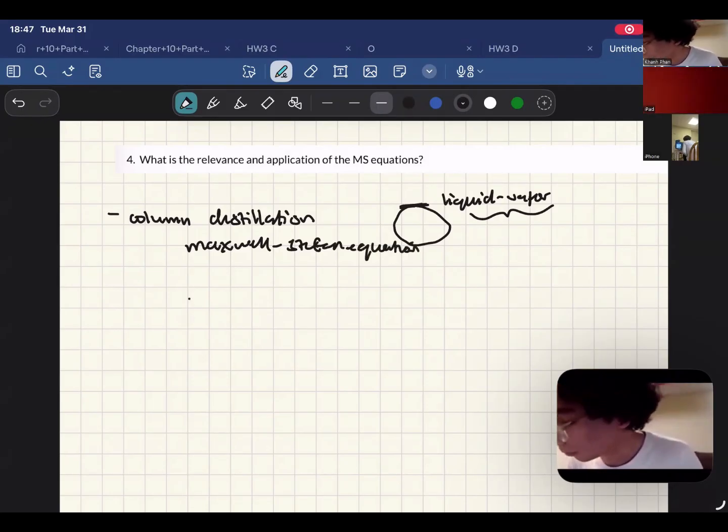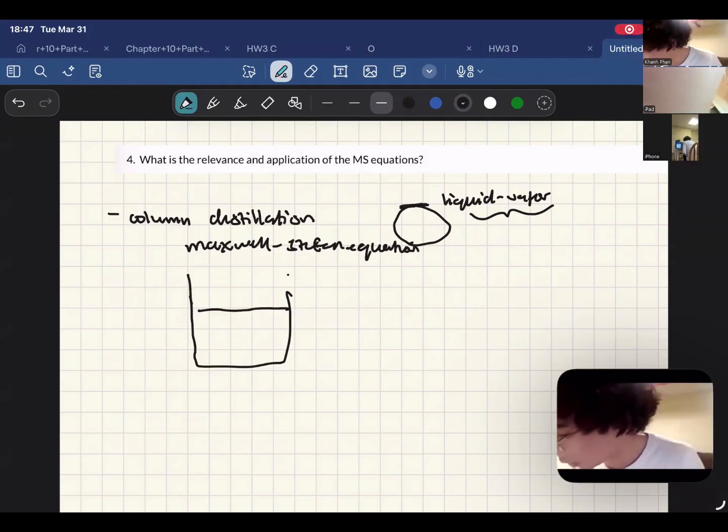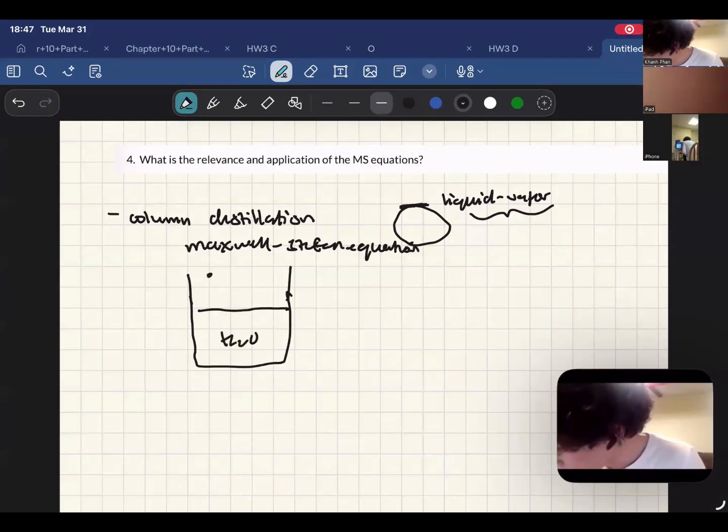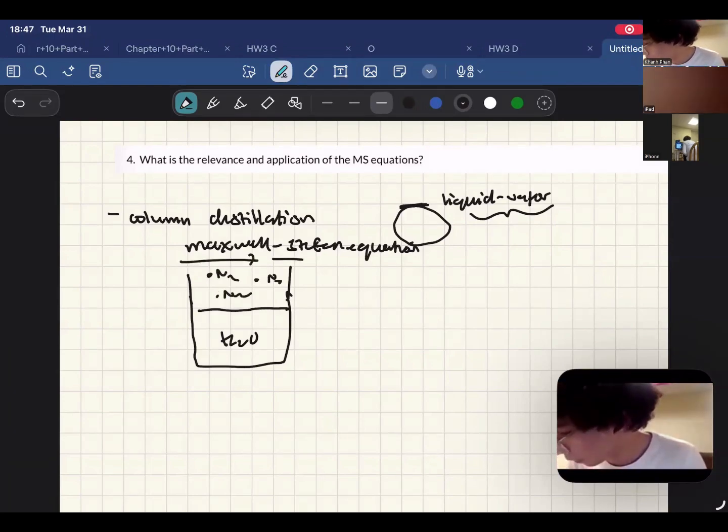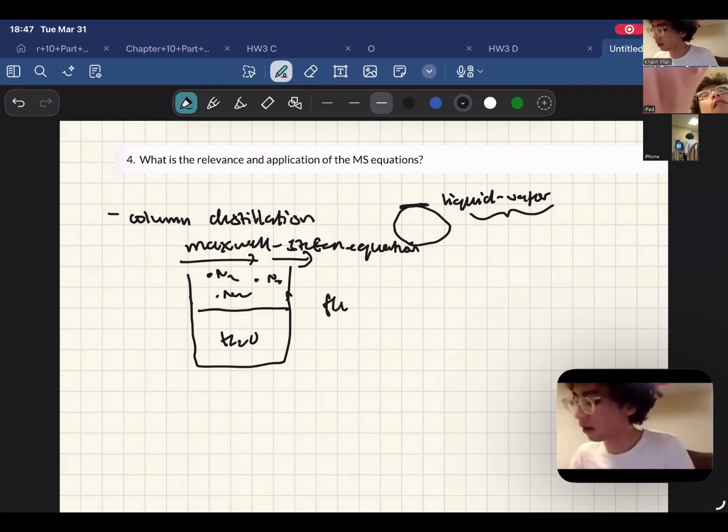Or in the problem where there are two species, like the water that we did before, there's water and then there's nitrogen, while Fick's law only allows one species.